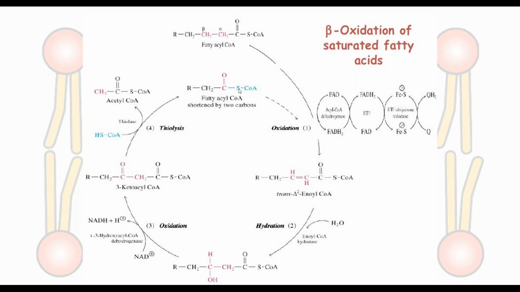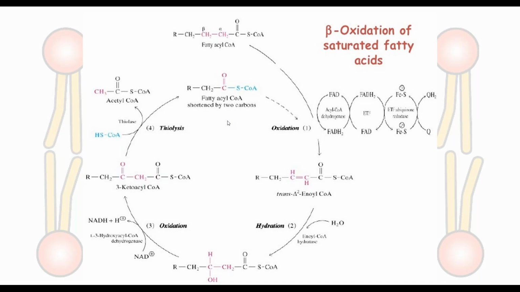Okay, and now this fatty acid acyl CoA, which has 5 carbon atoms, will again undergo the same procedure of beta oxidation, namely oxidation, hydration, oxidation again, and thiolysis or cleavage to release one more molecule of acetyl CoA containing 2 carbon atoms. And what will be left behind with you is a 3 carbon fatty acid acyl CoA.